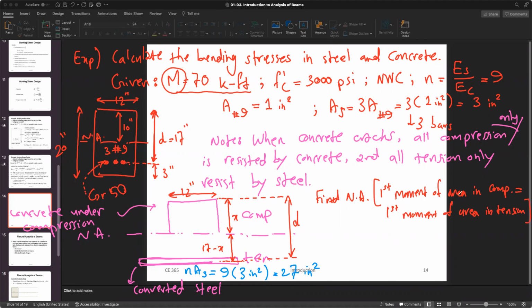Why are we doing this? Because of having equivalence in the system.